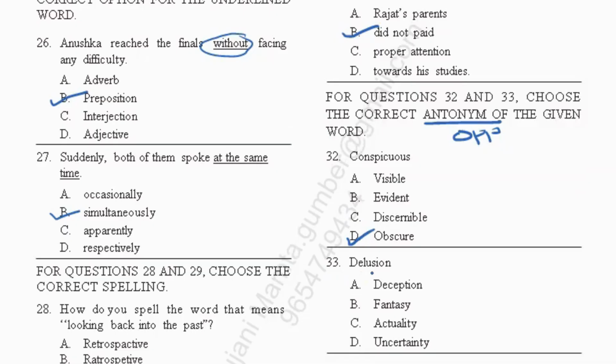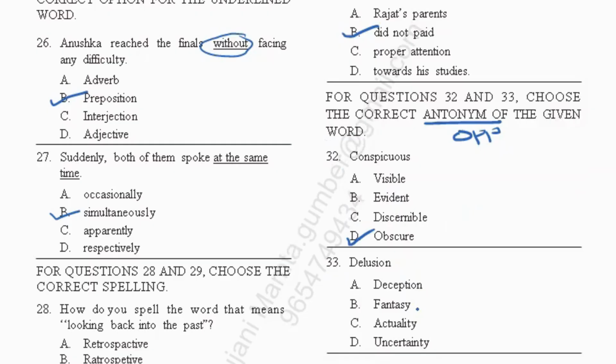Next, you have delusion. Delusion means a false belief. For this, what could be the opposite? You have deception. Deception means making somebody believe something that is not true, so this can't be your answer. Then you have fantasy.